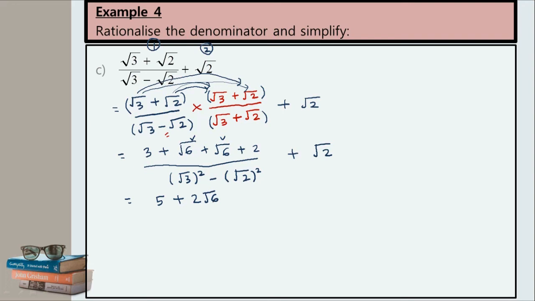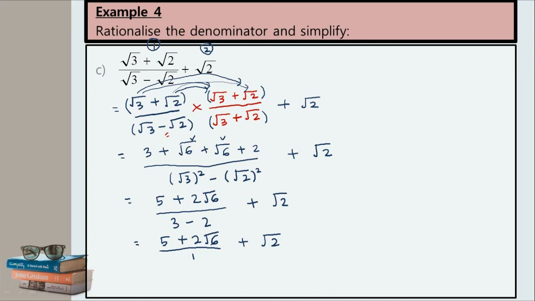This one careful, okay? Over surd 3 squared, 3 minus surd 2 squared, 2 plus surd 2, and then simplify again. We will get 5 plus 2 surd 6 over 3 minus 2, 1 plus surd 2.